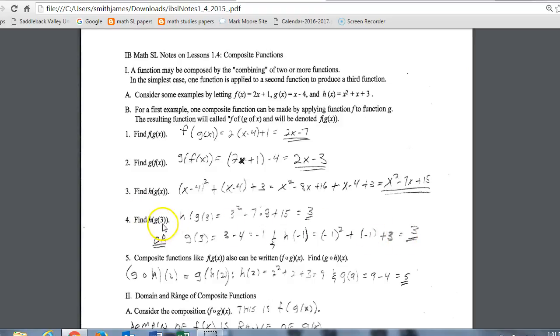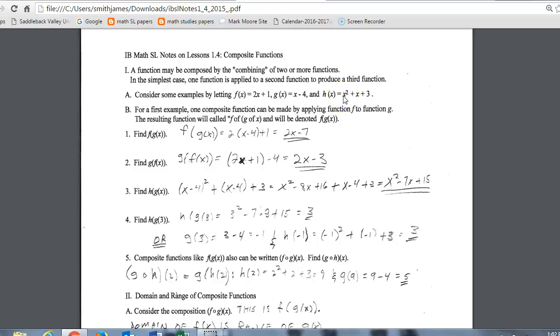So this one again is to say let's take g of 3. So now we get to use some real numbers. So g of 3 would mean I'm going to plug in 3 for x, so 3 minus 4 is negative 1. And we're going to take that answer and plug it into the h function.